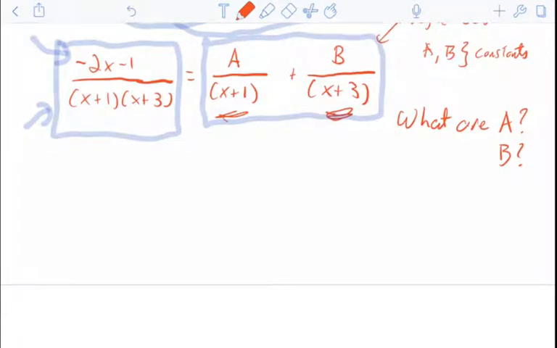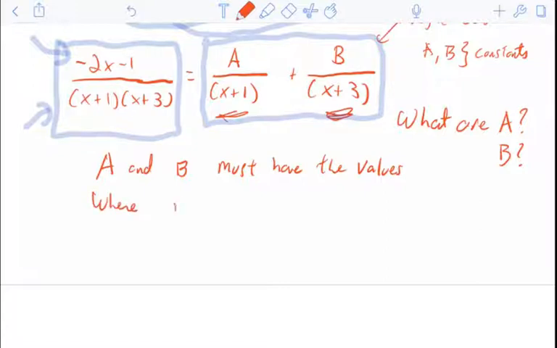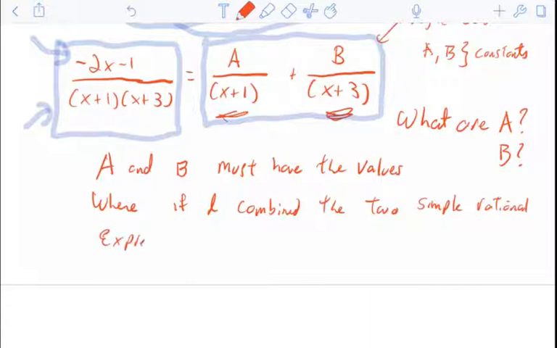A and B must have the particular values where if I combine the rational expressions, I would get back the original expression.